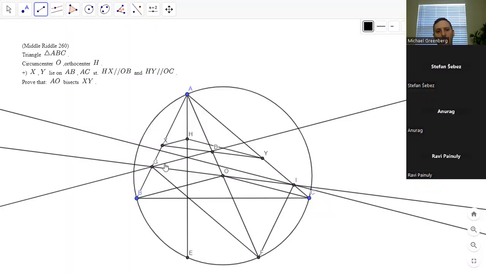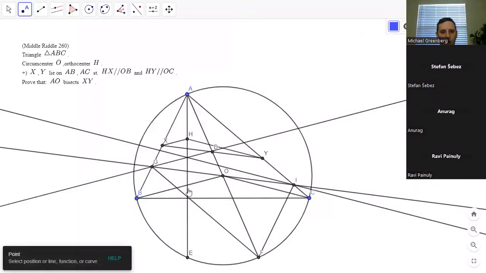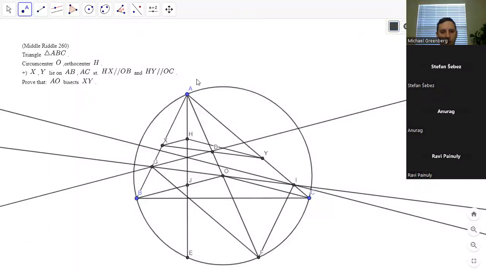Well, we could try to show that AG over AI is AX over AY, and for AX over AY maybe we could use some kind of homothety, because AX over AY is like AX over AH, which is AB over AJ, and AY over AH is AC over something.